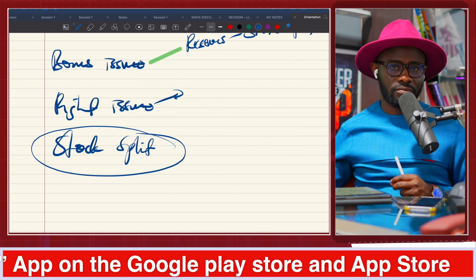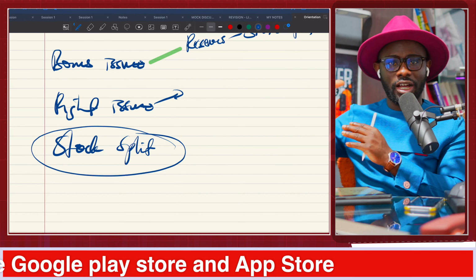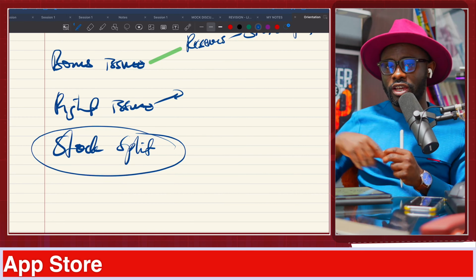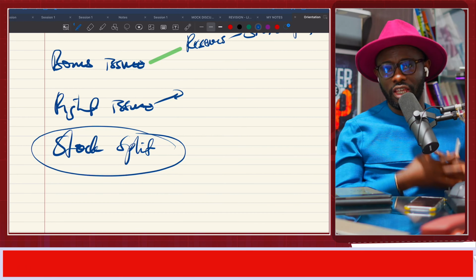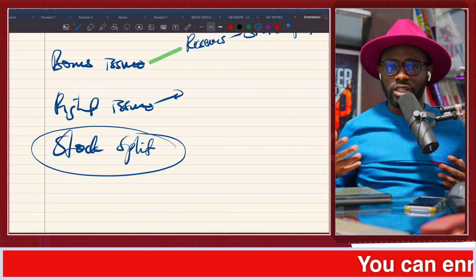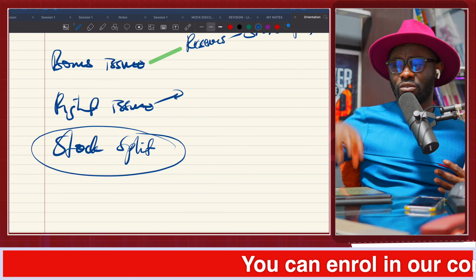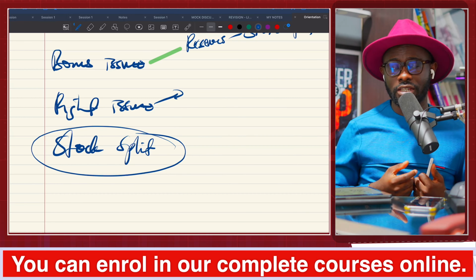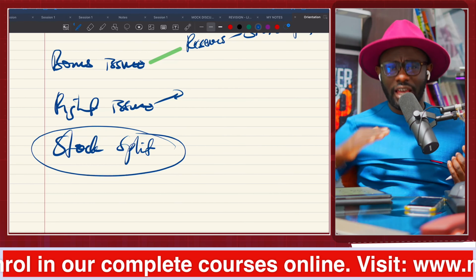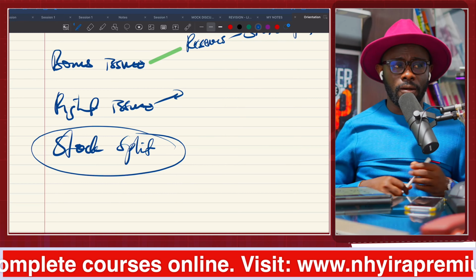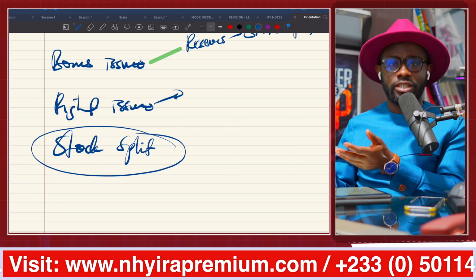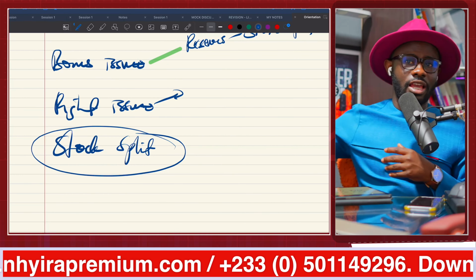So when an entity wants to increase the number of shares in issue, then they can undertake a stock split. That is the extreme angle, and that will affect the number of shares in issue, and that will affect the way we do the calculation for the earnings per share when it comes to the weighted average number of equity shares. And we'll look at a question about that later on when we are solving some questions. Then there is also another extreme angle where the entity has maybe done a rights issue, then they are reversing that.